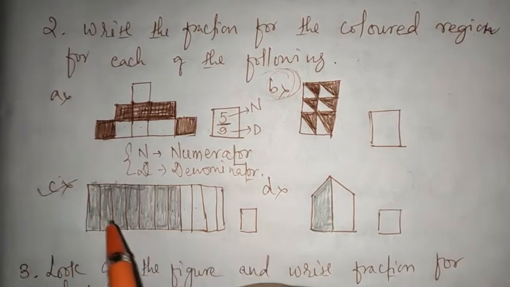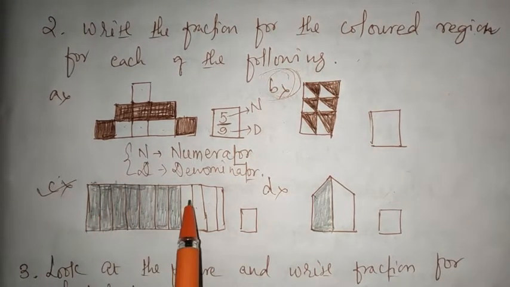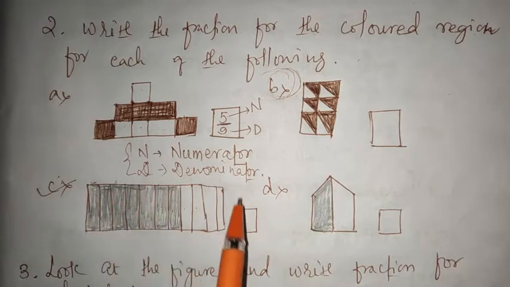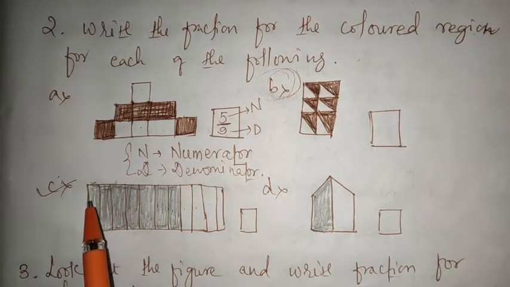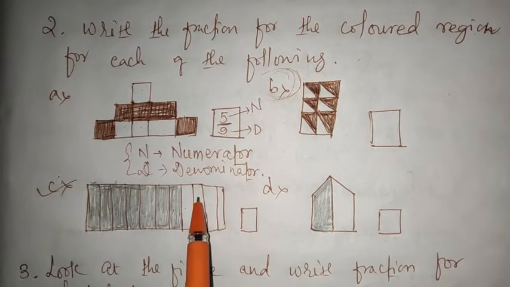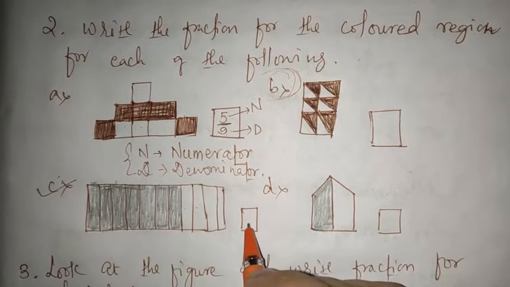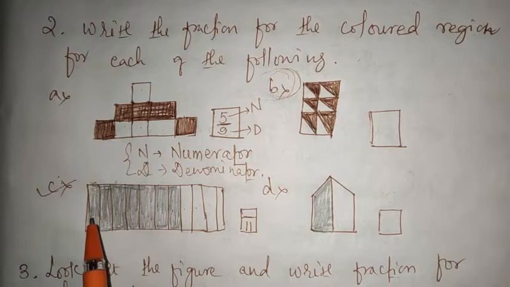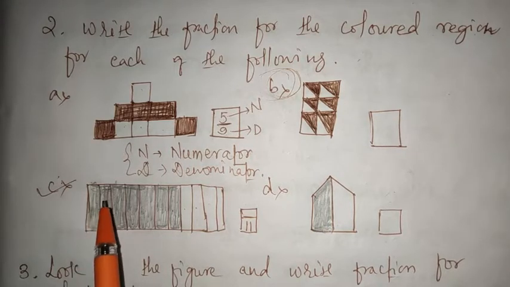Okay, proceeding to number C, you can easily see the rectangular pattern of this whole rectangle. So you can count the number of rectangular pieces inside this rectangle. 1 2 3 4 5 6 7 8 9 10 11. 11 is the total, and out of these 11 rectangular pieces, how many are shaded?